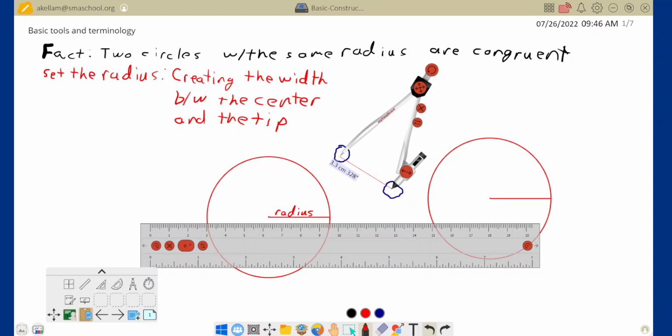And with those two things, they could copy segments, they could copy angles, they could bisect segments and angles, they could create perpendicular lines, and all of those are going to be what we're going to be talking about in the rest of this series.